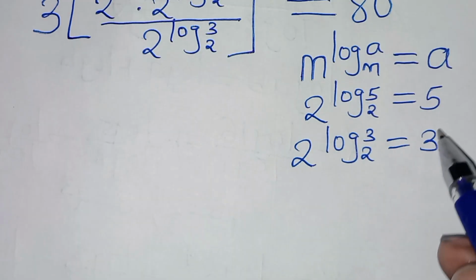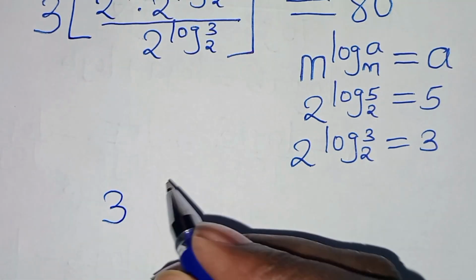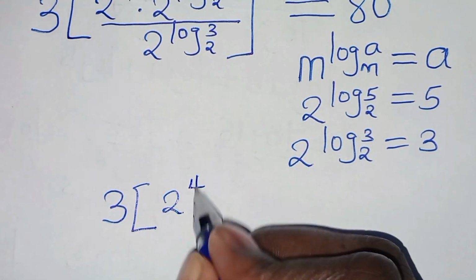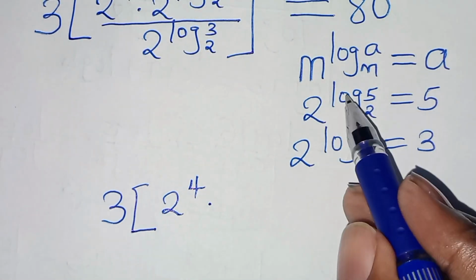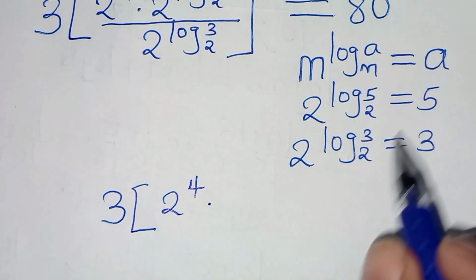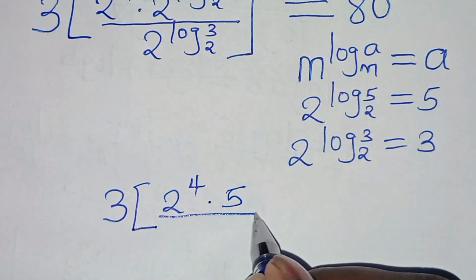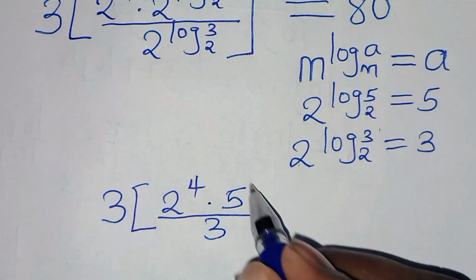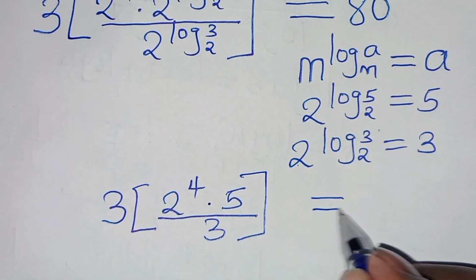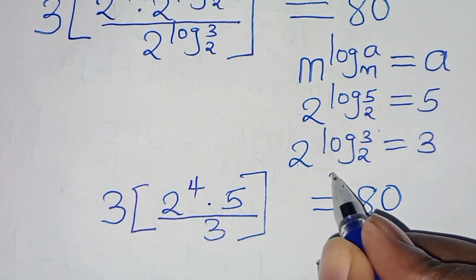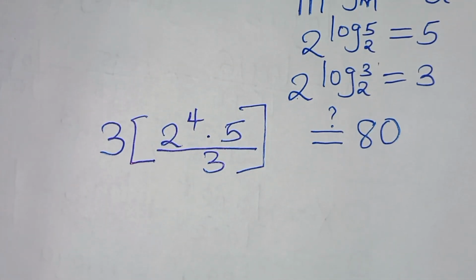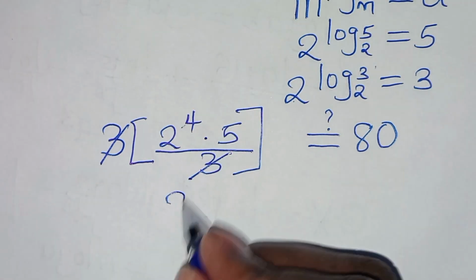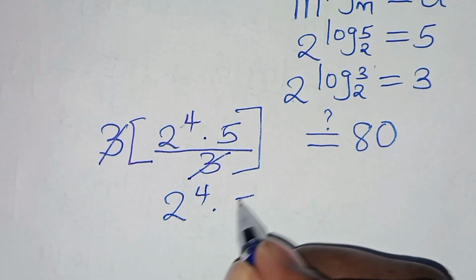So substituting this back into the equation, we have 3 into the bracket: 2 to the power 4 times 2 to the power log 5 to base 2, which is equal to 5, so times 5, divided by 2 to the power log 3 to base 2, which is 3, close the bracket. This is supposed to give us a value of 80. We have that 3 and 3 here simplify, so that now we have 2 to the power 4 times 5.